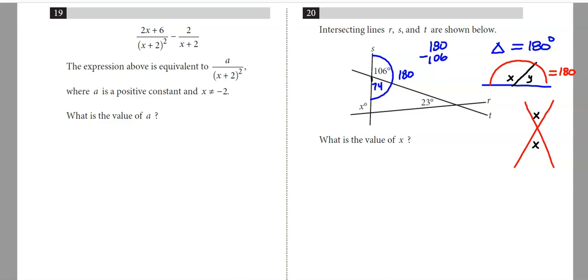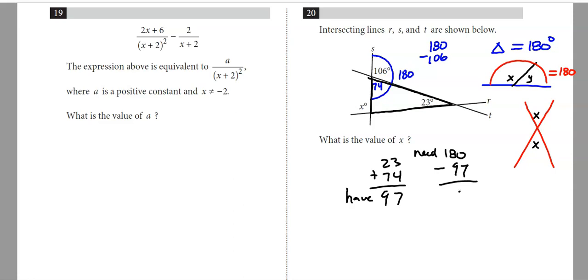So now I have this triangle that I want to focus on that needs to add up to 180. Right now I have 23 plus 74, which is 97. I need 180, so let's subtract and see what we have left. It looks like we need 83 more degrees.